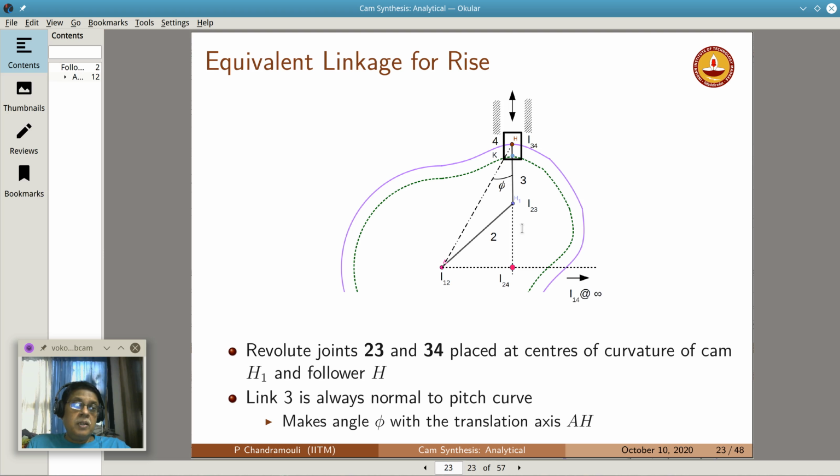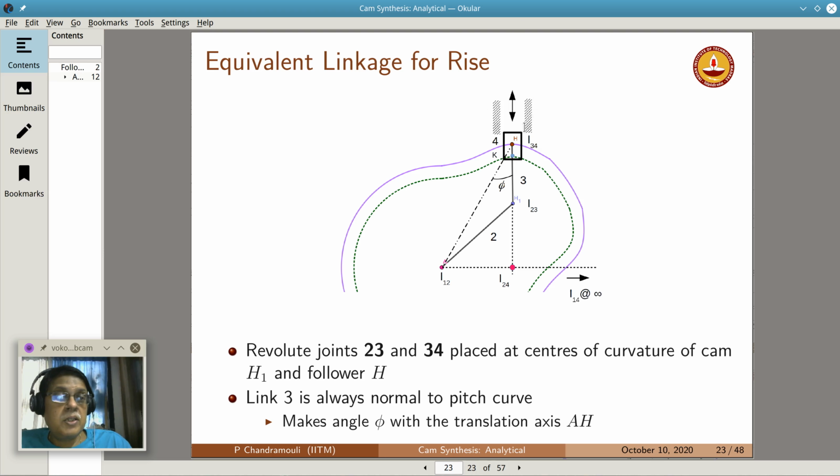Having constructed this slider crank mechanism, which is the equivalent linkage, we now locate the I12, of course, the center of cam rotation. Then I23 is this at this instant of time, which is the joint. This is kind of an artificial joint we are visualizing between the cam and this so-called coupler, which is the common normal to the cam and the follower.